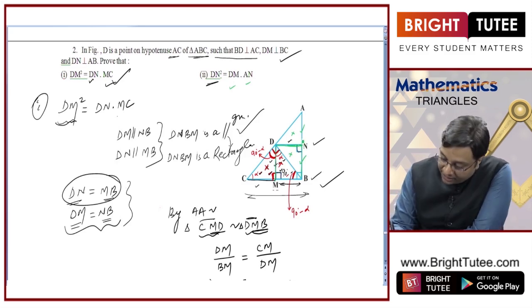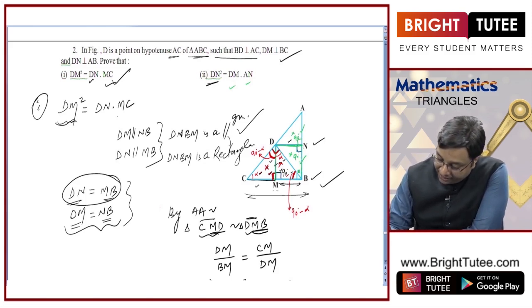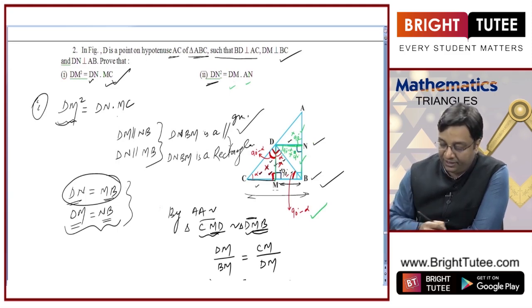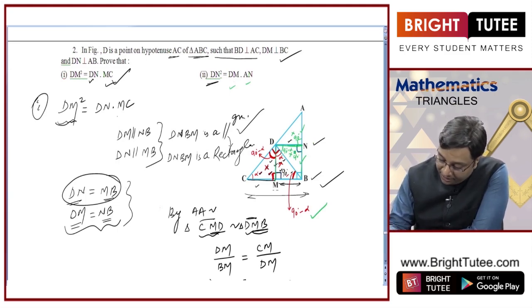Okay. So this angle is also 90, and see, if this angle is 90 minus alpha, what will be this angle here? This angle will obviously be 90 minus alpha, and this angle is 90 minus alpha.